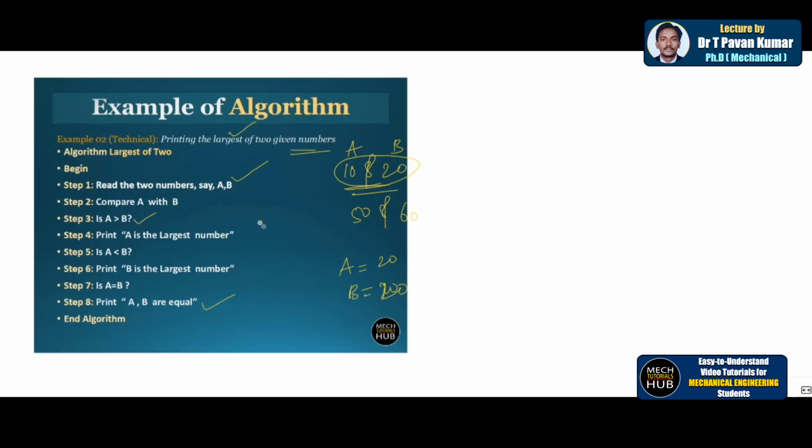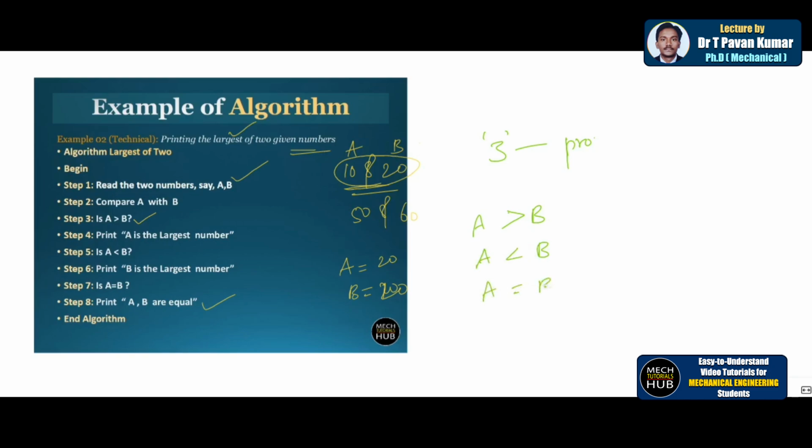What are the possibilities, or what is the probability that we can print those two numbers? There are three possible ways. If A is greater than B, then print A is the largest. If A is less than B, print B as the largest.